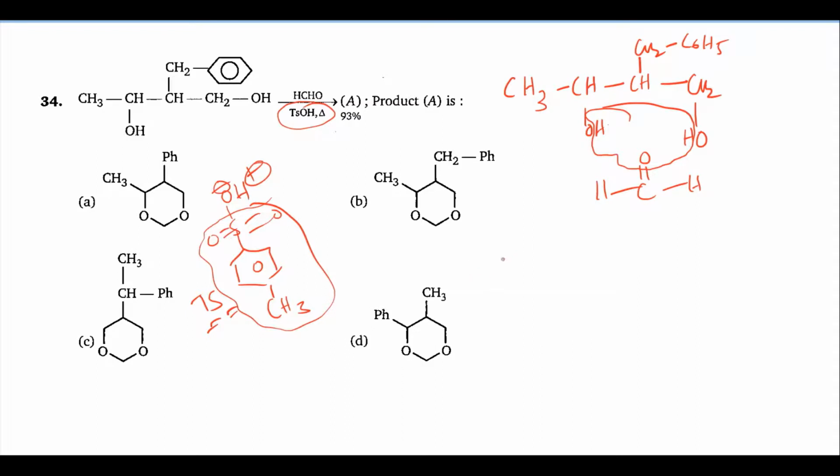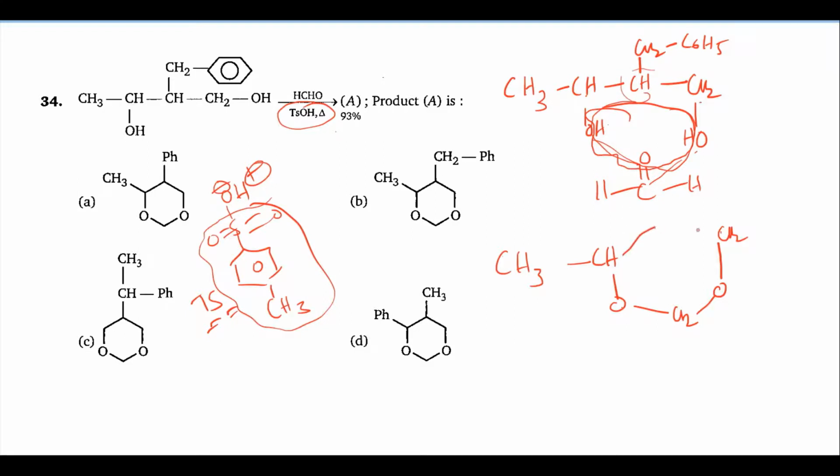Then you are going to get CH3, C, with water eliminated, CH3, CH, and this O is connected to carbon, CH2, again O. After elimination of the water again, this carbon is connected to oxygen, then again CH2, and this CH and this CH2 connected to CH.